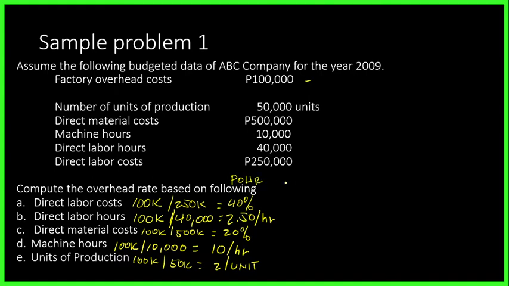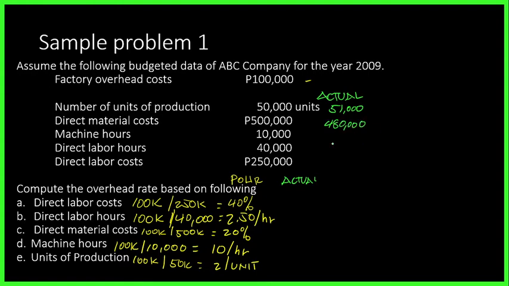Now let's say that your actual number of units produced is 51,000. And then your actual direct materials cost is 480,000.